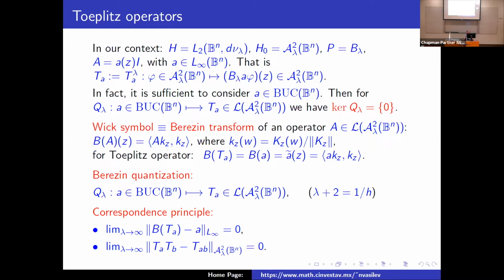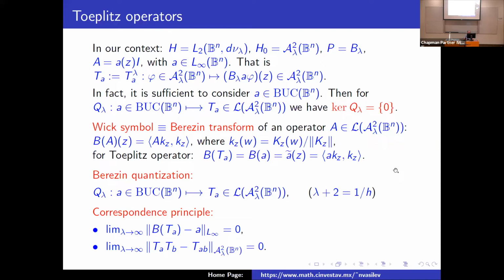So k_z always has norm 1. If you would like to define the Berezin transform of a Toeplitz operator, it is the same as the Berezin transform of the function A. It is just this scalar product of the function A times k_z with k_z.